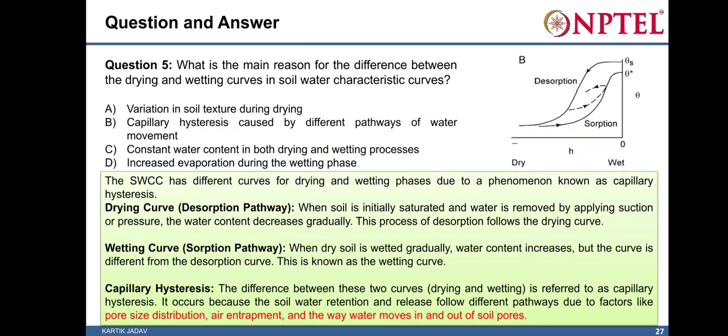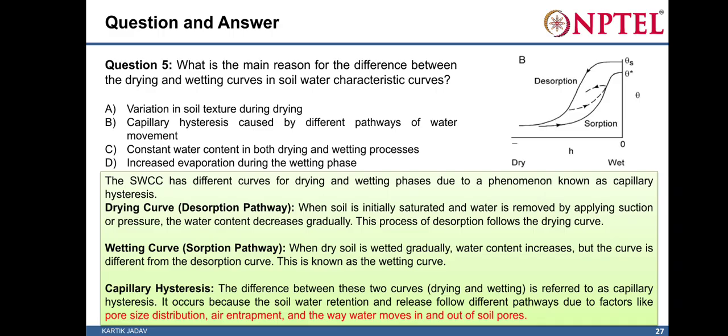What is the main reason for the difference between drying and wetting curves of the soil characteristic curve? So we know that the soil moisture characteristic curve is the curve between soil moisture and soil water potential. It basically gives the difference between the sorption and desorption curves. When soil is wet and we remove the water by applying some pressure, that causes removal of moisture.